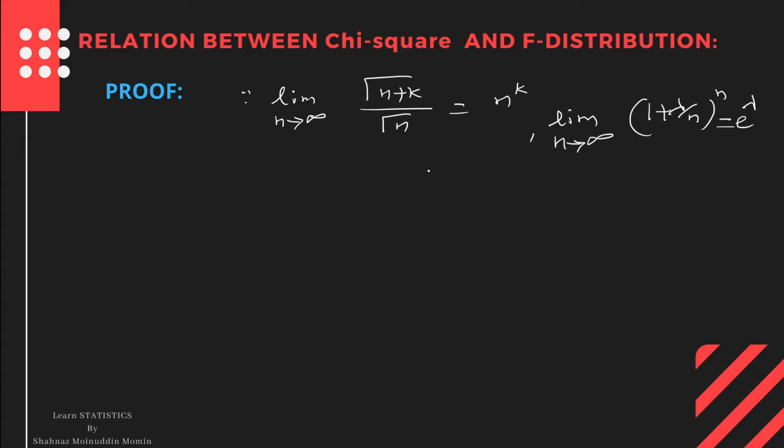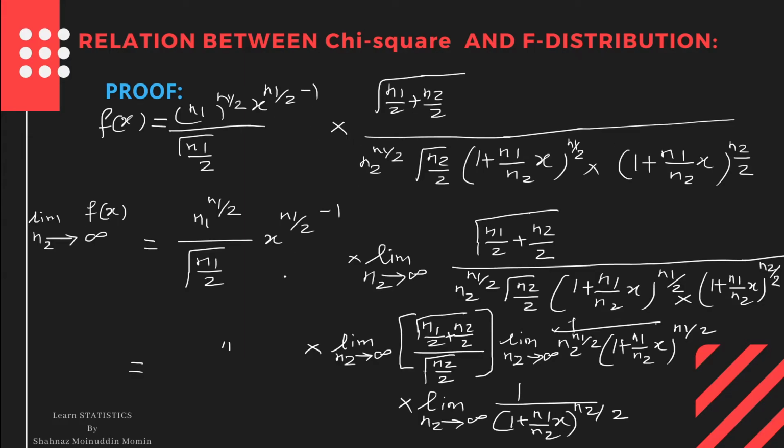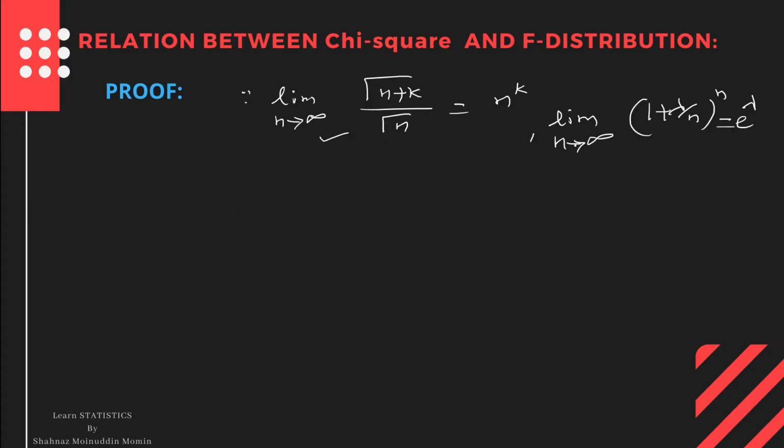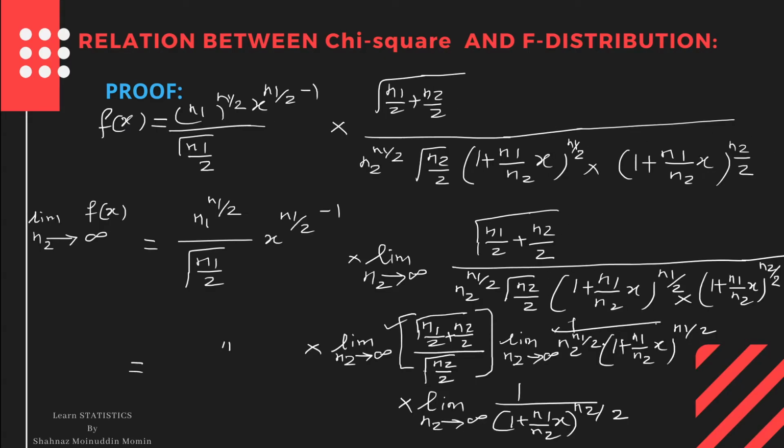Now I will use this formula here, the limit of gamma(n1 by 2 plus n2 by 2) divided by gamma(n2 by 2), and the formula limit n tends to infinity of (1 plus lambda by n) raised to n in the last term.